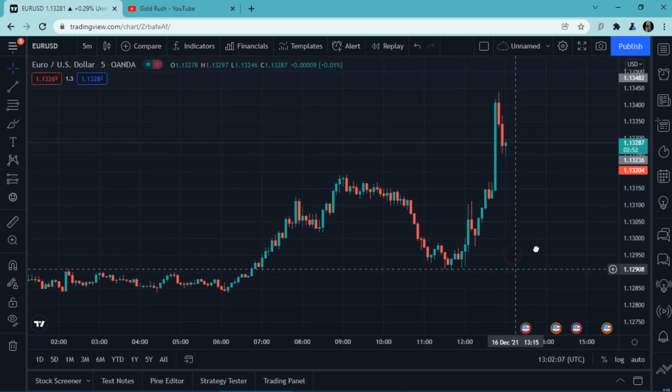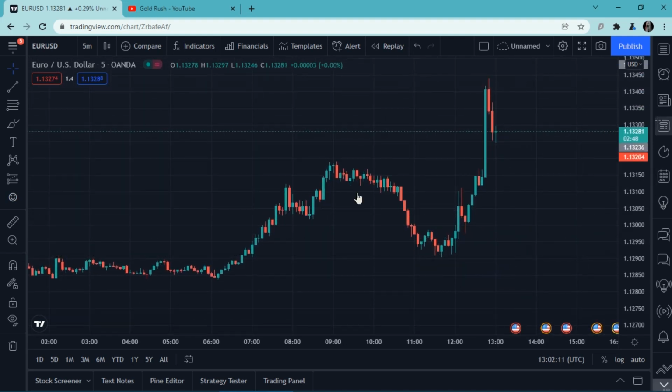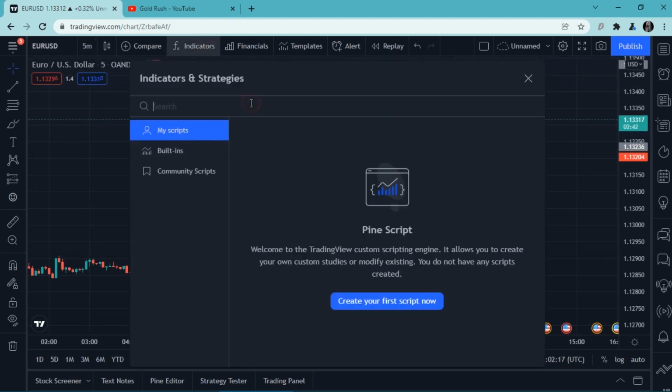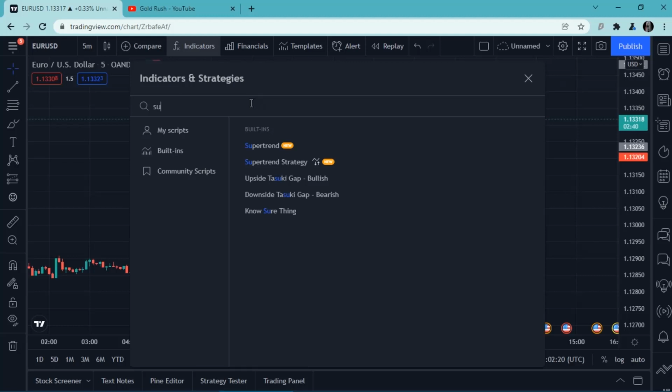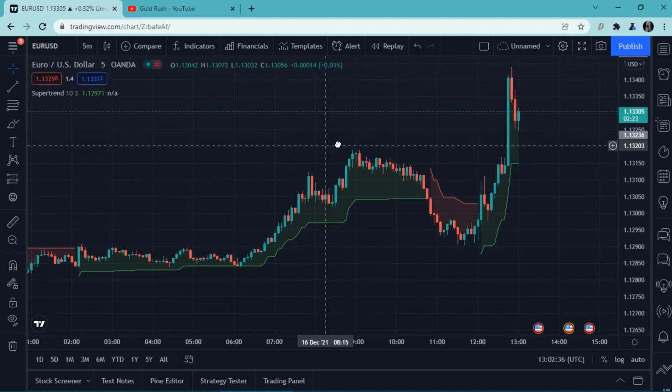This particular trade was taken using, let me show you guys, 5 minutes EURUSD. We'll add our indicators, Supertrend. But notice we didn't use the other one that we used before. We're using this one that is showing new. It's a new Supertrend indicator and it's quite beautiful. Let's click on it. So click on the Supertrend indicator.